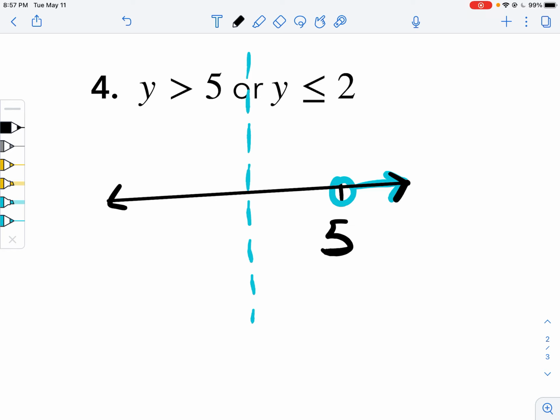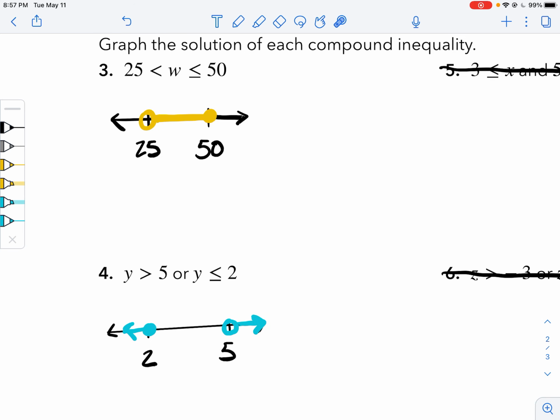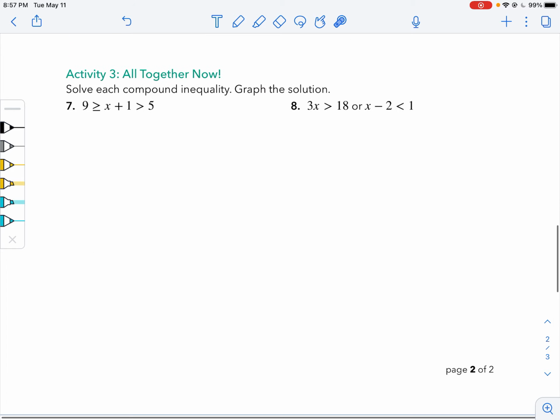Or y is less than or equal to 2. That's a closed circle, and we're going this way. So that's a nice little split. Isn't that cool? So there's our graph. So and will always overlap, and or will always split.